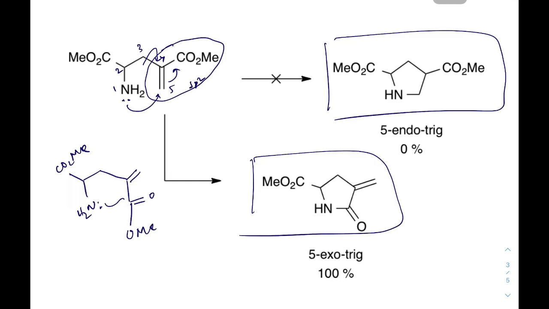Now the lone pair attacks over there, and OMe as a leaving group gets out, and the arrow is outside the ring, so it is exo, and as it is an sp2 carbon, it is trig, right? So 5 exo trig is a favorable reaction way, so it will give 100% product, right? So this is a very important question for any kind of exam.